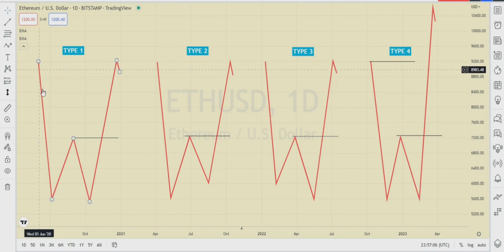It's just the normal W that we expect to see when someone mentions a W. With the first one, the first low and the second low are equal, and the highs are also equal.